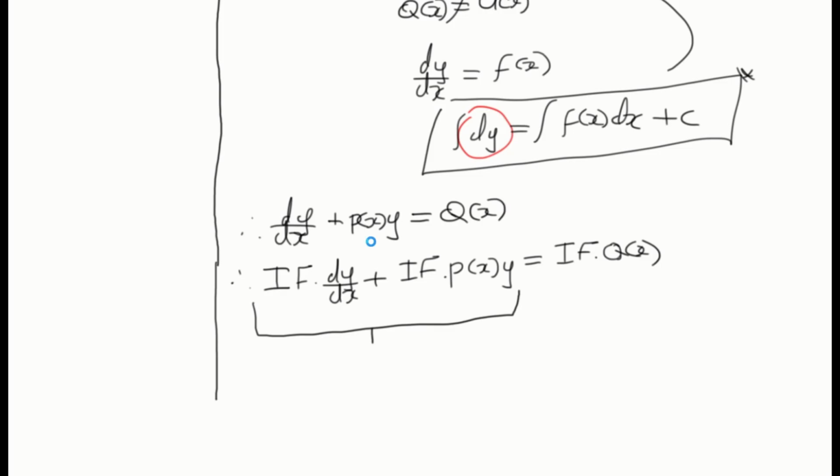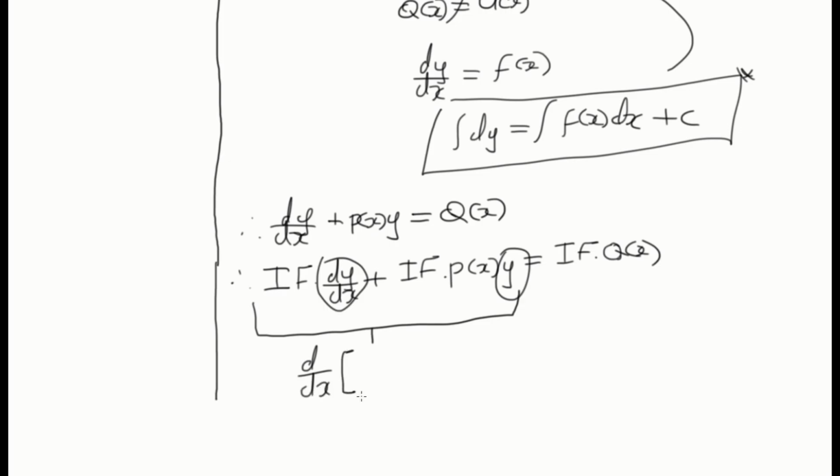In these two terms, as we have already mentioned, there is y and its derivative. So we can actually get one term if this can also have its derivative sitting there. What is the meaning of that?